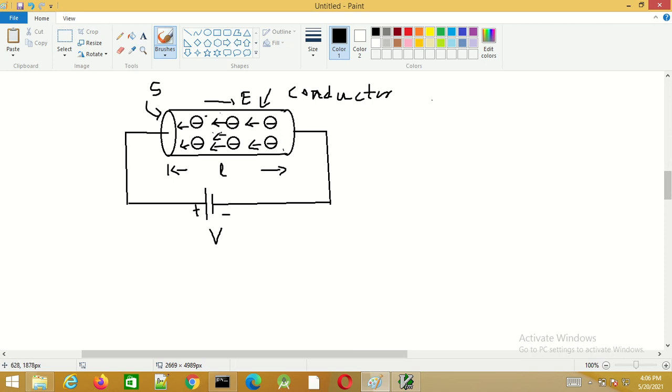But the difference between this case and the previous case that we discussed, wherein the electrostatic field is applied to an isolated conductor: in the previous case we had an isolated conductor, and it was subjected to an electric field.